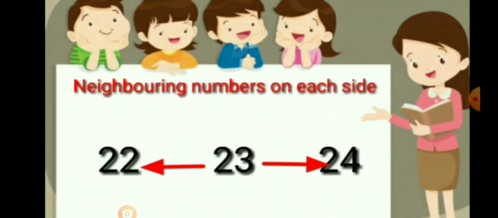And what comes after 23? It is 24. So the number which comes before is on the left and the number which comes after is at the right, and this is called neighboring numbers, that is one after the other.